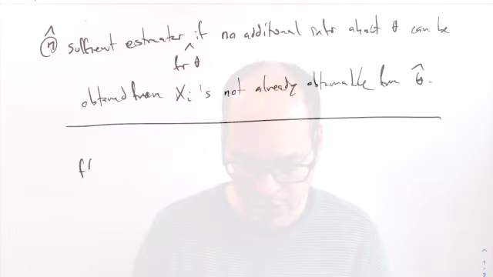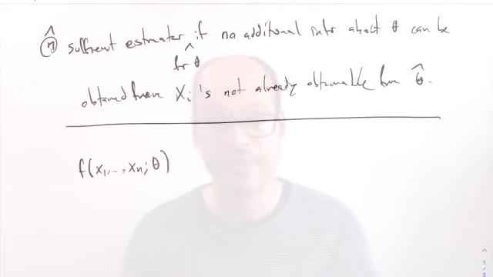And let me start by saying something which is perhaps overly obvious. The setup is we have our distribution. Let's think of it as a joint distribution of our n observations, depending on some parameter theta.